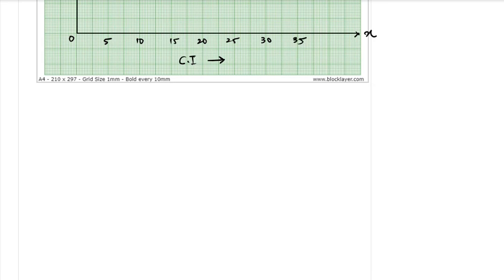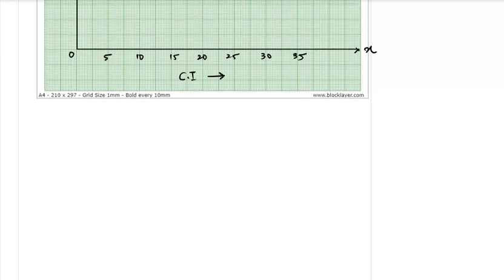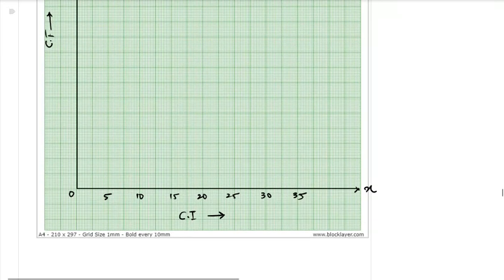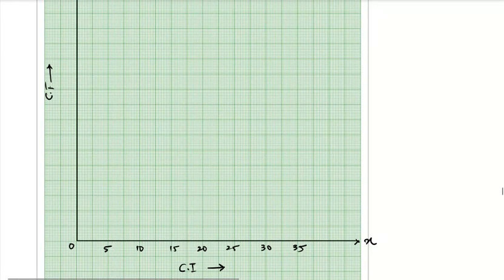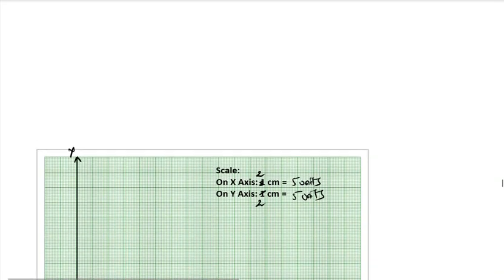It's fitting right into it. And the same thing I'm going to do on the y-axis: 0, 5, 10, 15, 20, 25, 30, 35. I am sure the y-axis is only up to 30.